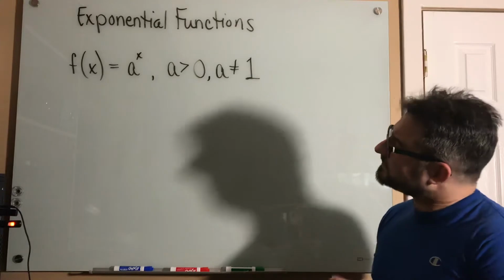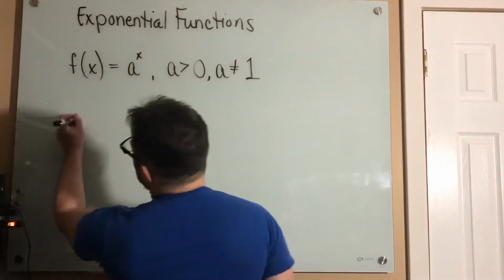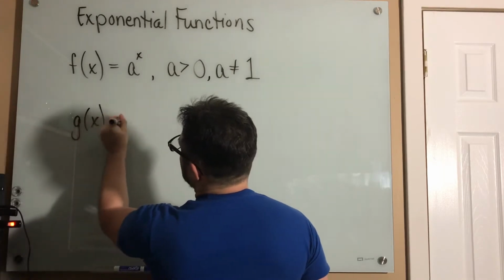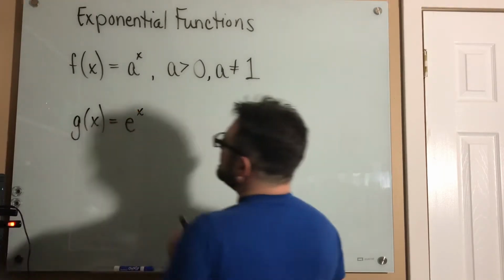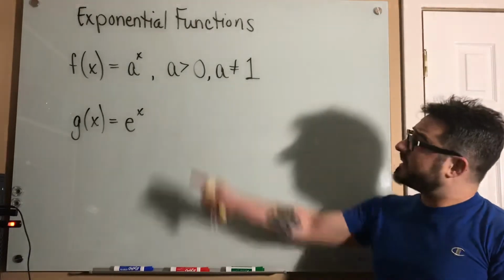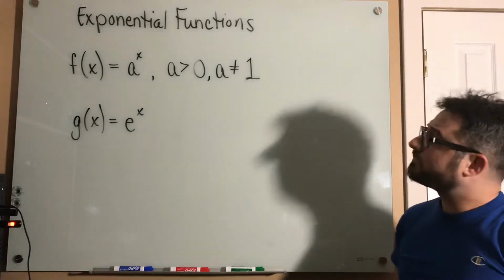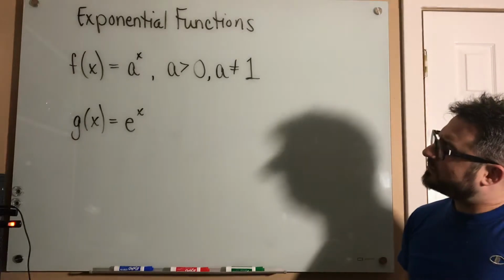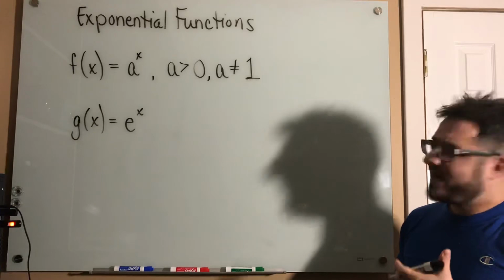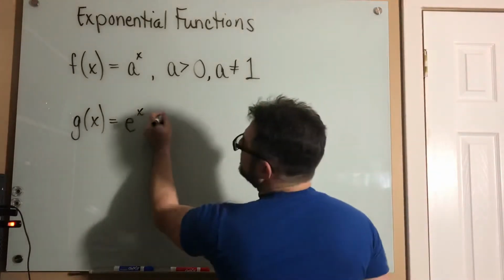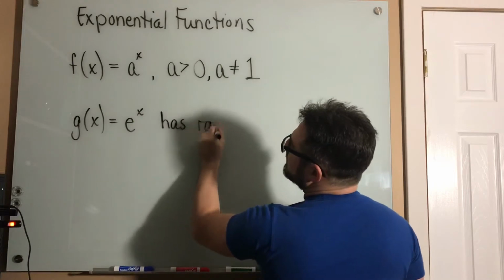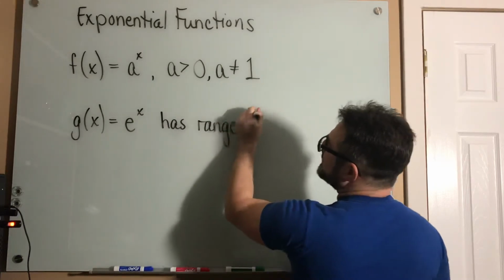Now, I want to consider this function. Now, e certainly fits the requirements that it is positive and not equal to 1. But here's what we need to realize: the output value of any exponential function is always positive.